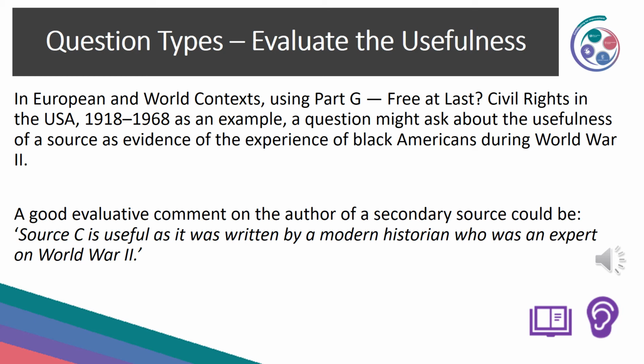A good evaluative comment on the author of the secondary source could be, source C is useful as it was written by a modern historian who is an expert on World War II. Here we can see the candidate has commented on whether the source is useful. They have identified the point from the source by saying it's written by a modern historian, and then their explanation of why this is useful. The historian is an expert on World War II.